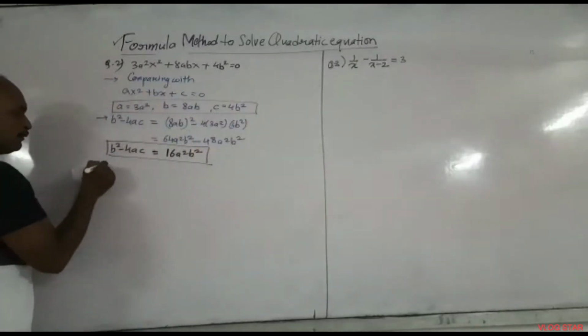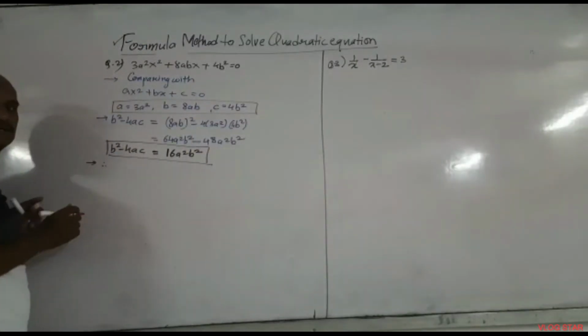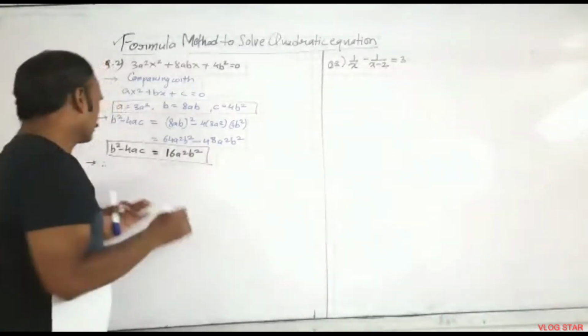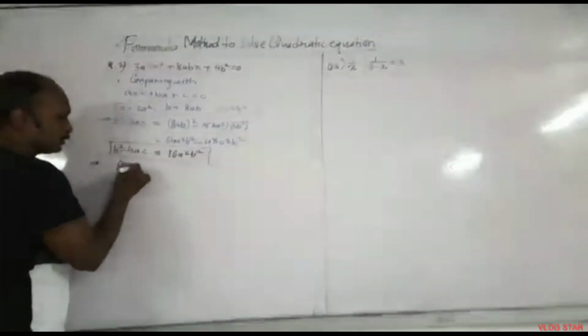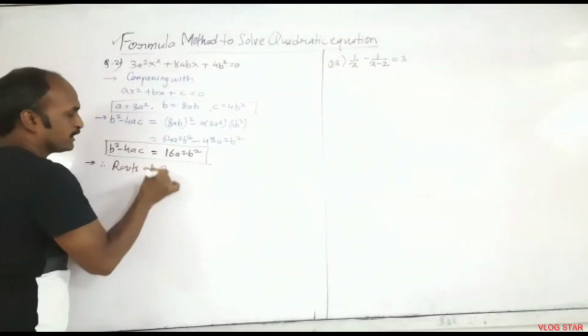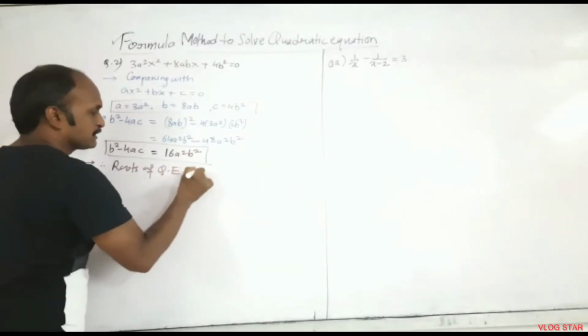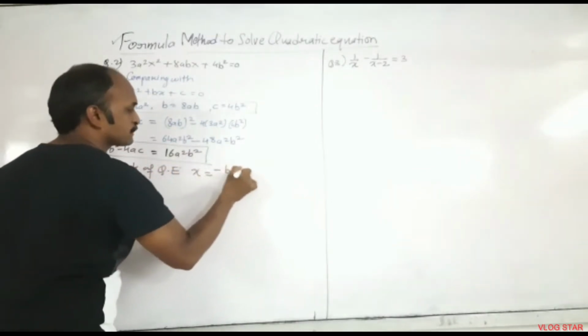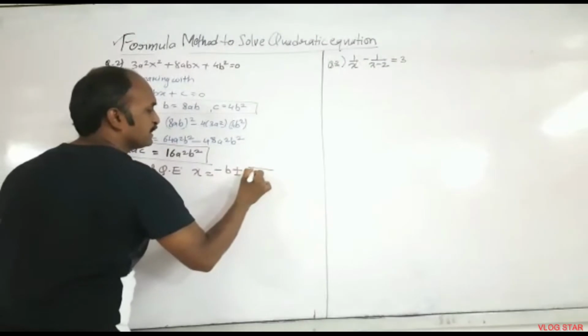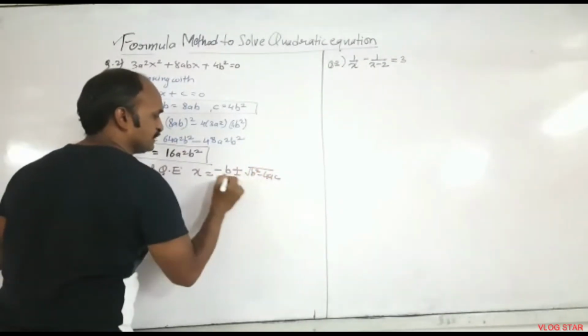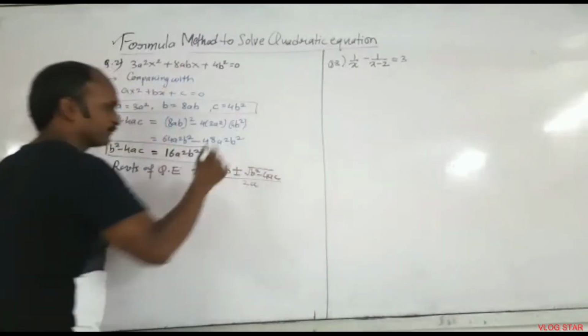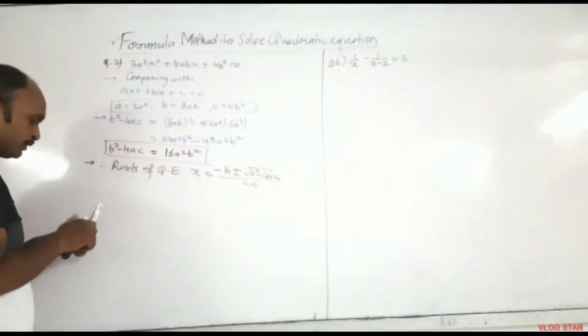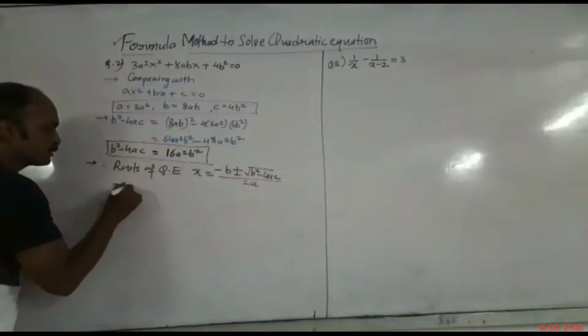Now the third step is to substitute in the formula. Therefore the roots of the quadratic equation are given by x = (−b ± √(b² − 4ac)) / 2a. That is the root of the quadratic equation. Now substitute all the values.